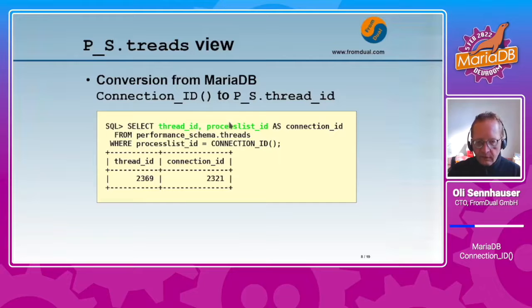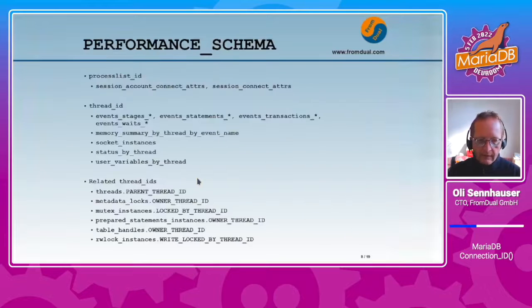So in this query on the performance schema threads view, we want to see the thread ID and the process list ID, and to make it clearer I have renamed the process list ID into connection ID, which would be the technically more correct term. So we see a slight gap in the numbers between the thread ID and the connection ID, so don't mix up those two, otherwise you will not get correct results.